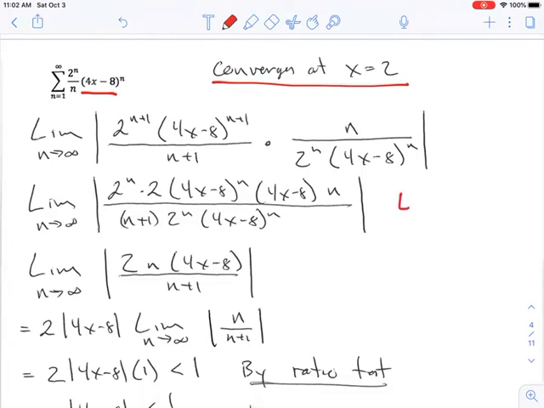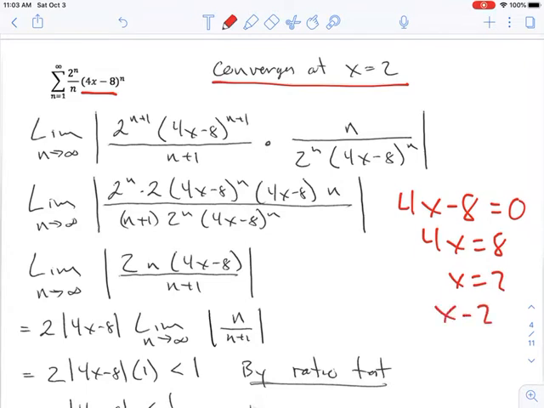If we take 4x minus 8 and just set it equal to 0 as an example, we get 4x equals 8, or x equals 2. Or technically speaking, bringing it back over there, we have x minus 2. And so what we really have in the absolute value is x minus 2, so the center is 2.